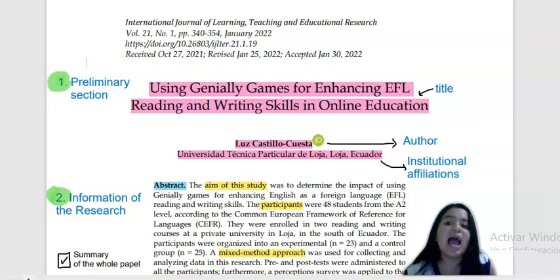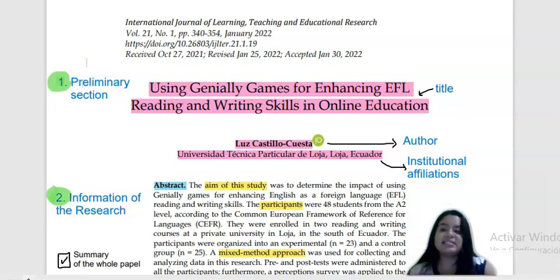Entering now into the second part, which is research information, I have highlighted the title of the part the guide provides, the summary. After reading the summary, I discovered that it contains the characteristics that the guide provides.